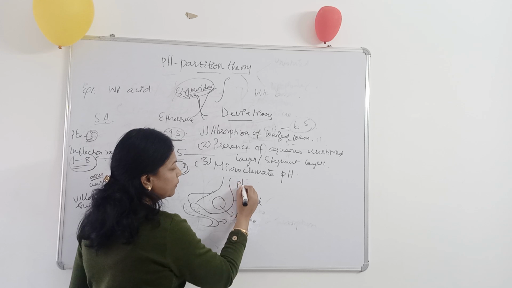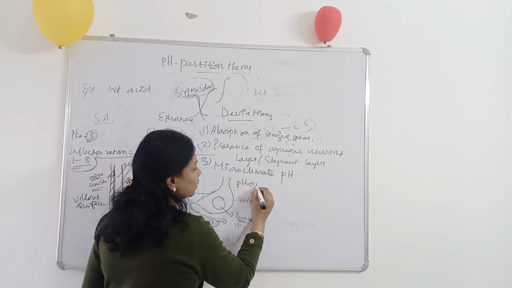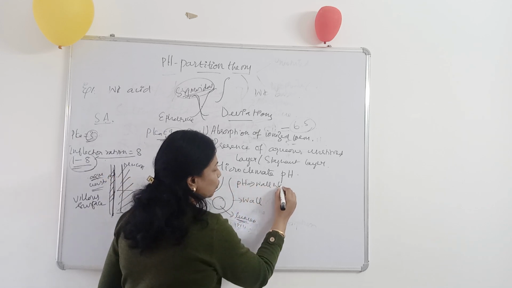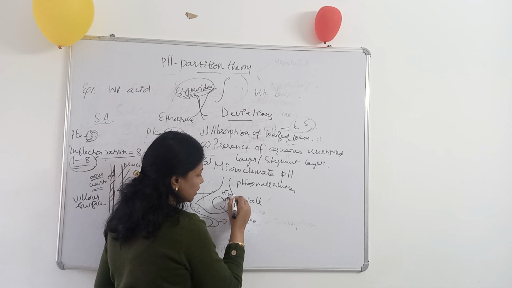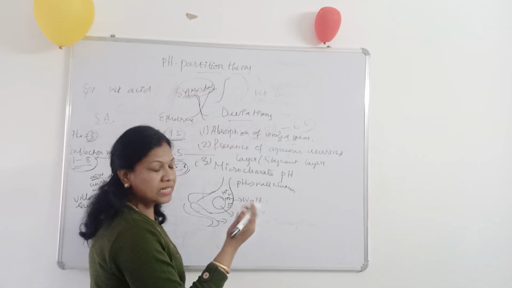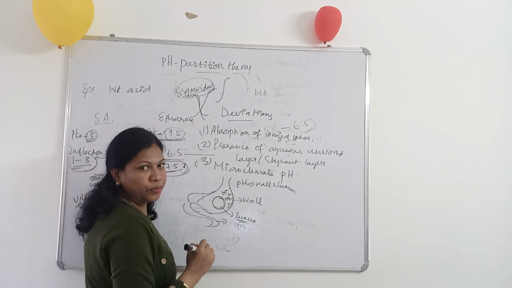There will be a difference in pH between the wall and the lumen, since near the walls the cells secrete H+ ions, making the wall more acidic than the lumen.